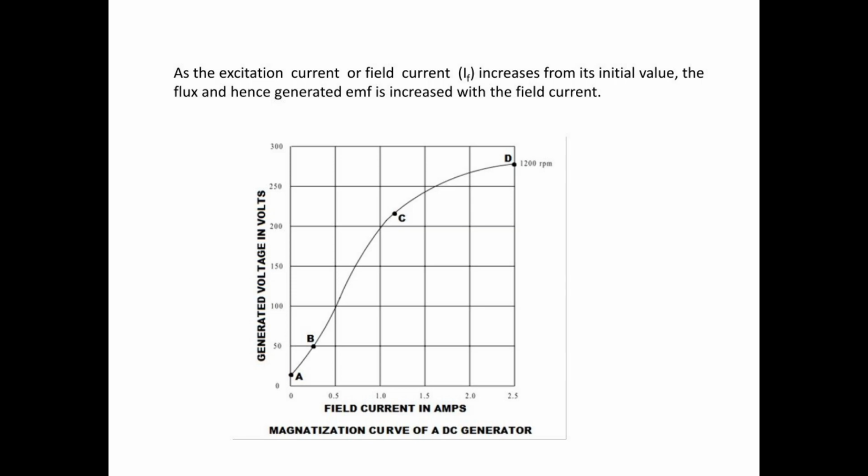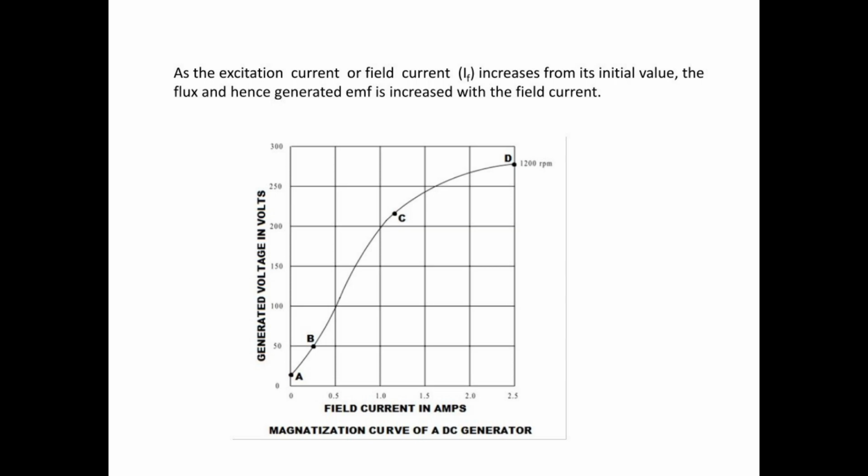Next, observe here. So If is increasing, E naught is also increasing. But up to some point this relationship holds good. After that, the core will get saturated. Up to D, it will increase. After that, the core will get saturated.